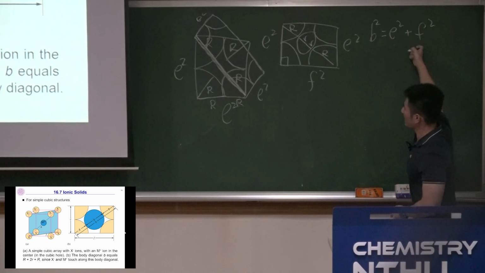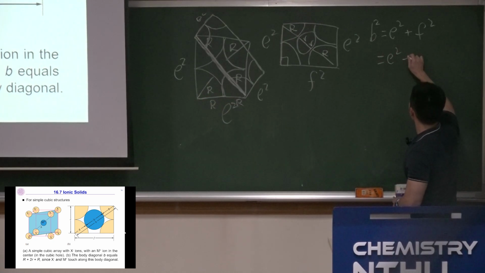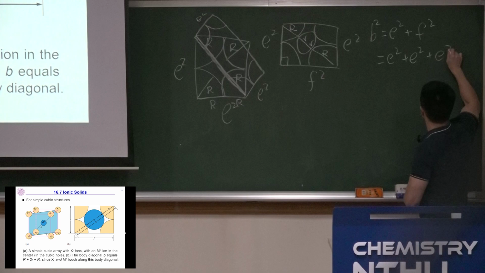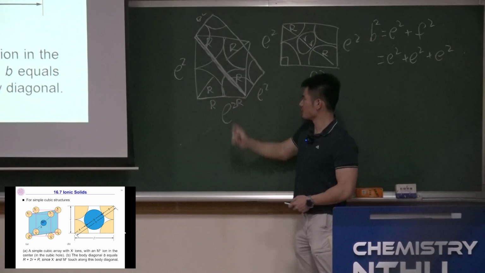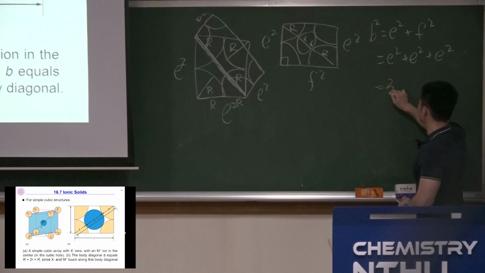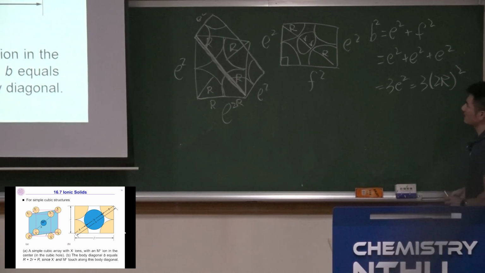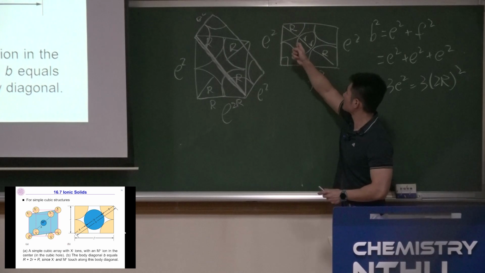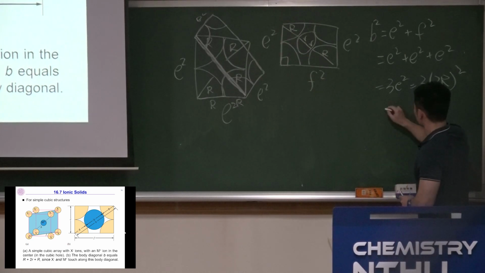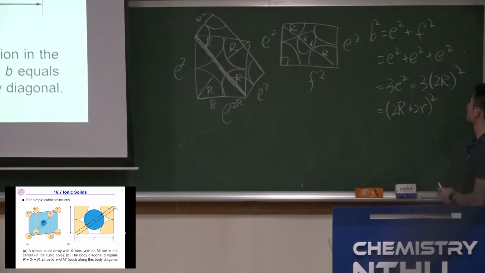And we know face squared is just h squared plus h squared. And we know they touch along the edge, so the edge is r plus r. So 3h squared equals 3 times 2r squared. And we know that the body is just small r plus big R, so it equals 2 big R plus 2 small r, squared.